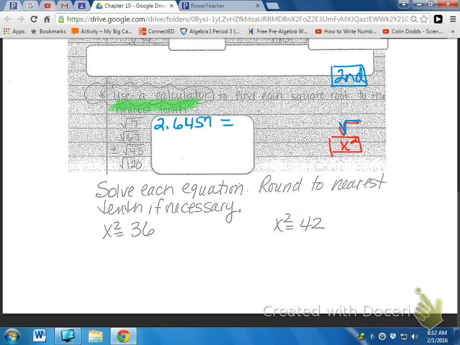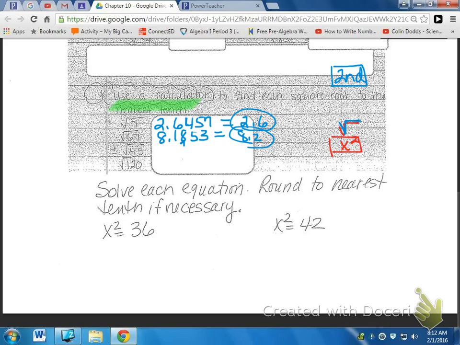So we would round that to 2.6. All right, next, square root of 67 is 8.1853, and we'll round that to the nearest tenth. The 8 says for the 1 to go up, so 8.2.